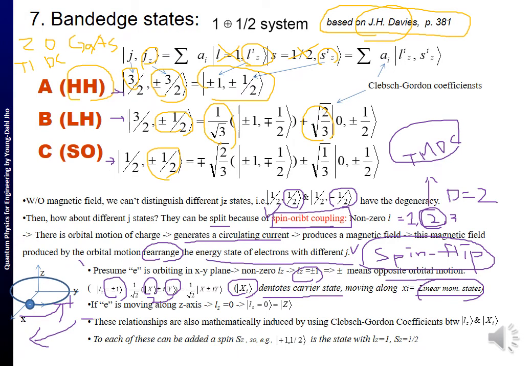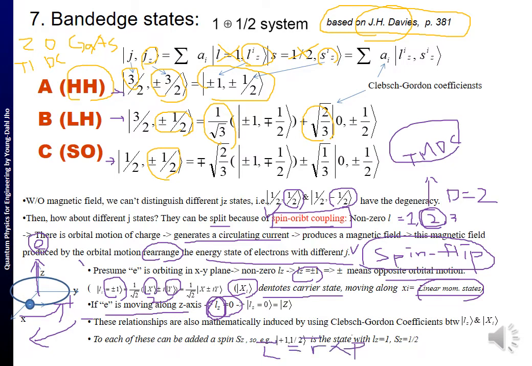And if it is moving along the z-axis like this, the electron is not moving in the XY plane, only along the z-axis. What does it mean? LZ is 0, right? Because angular momentum is perpendicular to the linear motion of the electron. The definition of angular momentum is always r cross p.